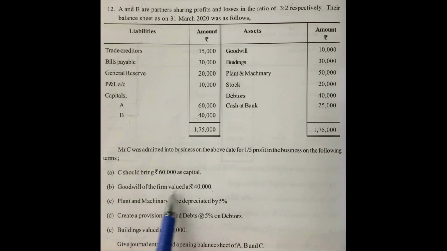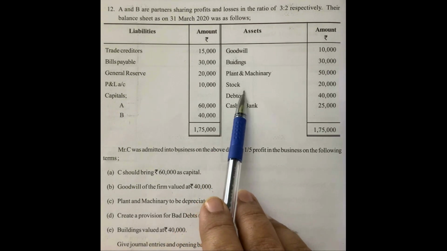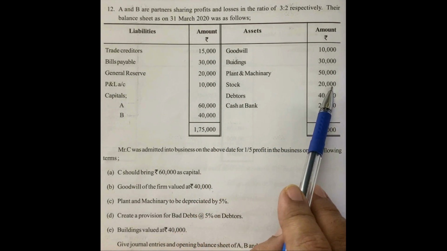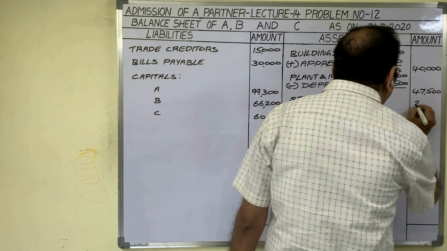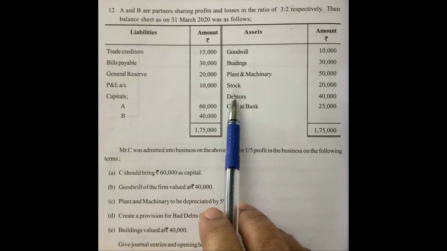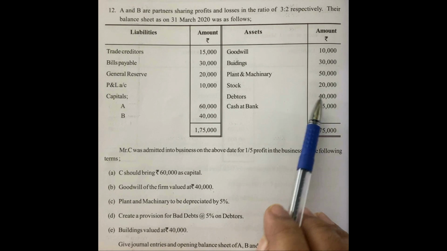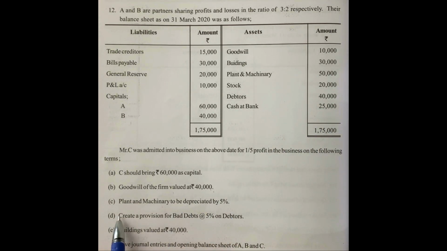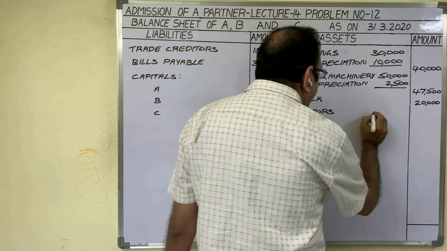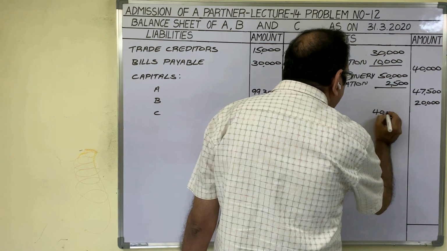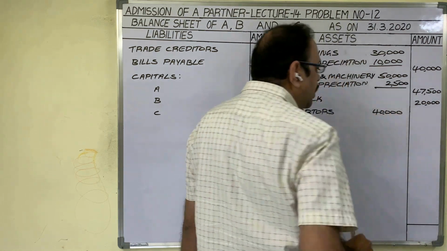Next, stock 20,000 rupees. Related to stock, there is no additional information. Therefore, in new balance sheet, same value we have to show under asset side. Stock 20,000 rupees. Next, debtors 40,000 rupees. Come to adjustment number D. Create a provision for bad debts at the rate of 5% on debtors. Debtors. In inner column, old balance sheet value 40,000 rupees.